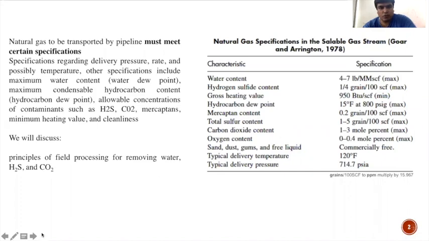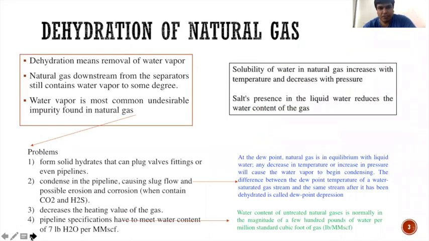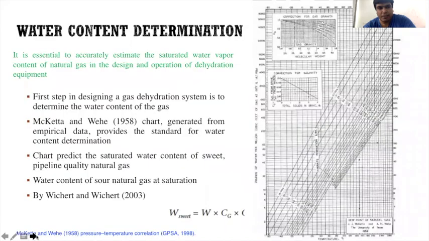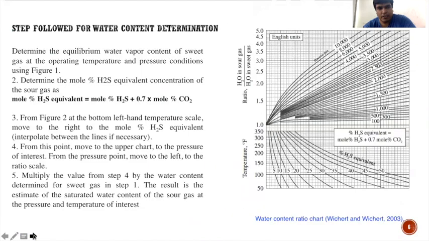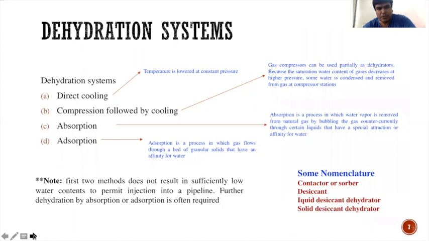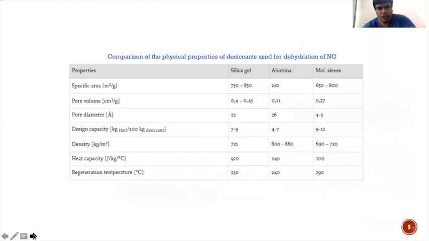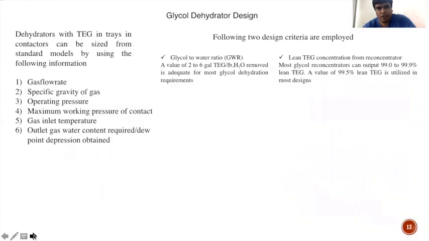As we go along, we have seen various dehydration processes. Here you can see how we can determine the water content, and then, in the presence of the acid gases, how we can determine the water content. All this we have seen, various types of systems, and we have also seen dehydration by adsorption and by absorption, right?